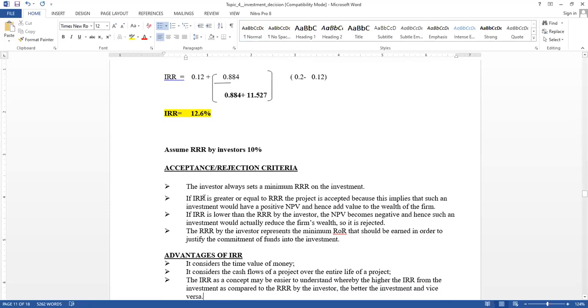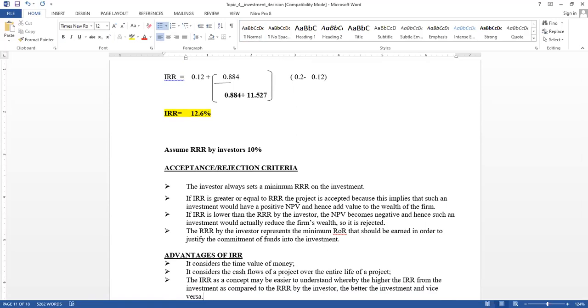So if the IRR is greater or equal to RRR, the project is accepted, because such a project would have a positive NPV and add value to the worth of the firm.